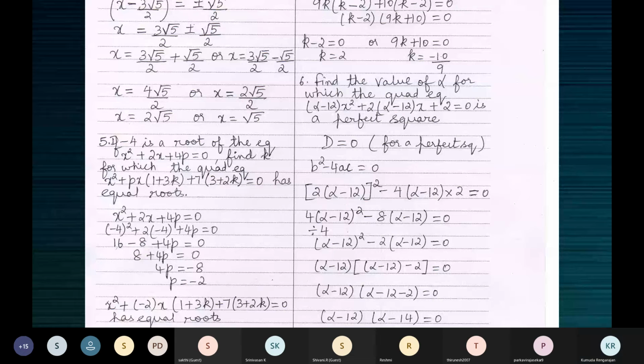Yes, ma'am, completed. What is the expansion, children? Read out the expansion. 4x square minus 20x plus 25, ma'am. Perfect. 4x square minus 20x plus 25.